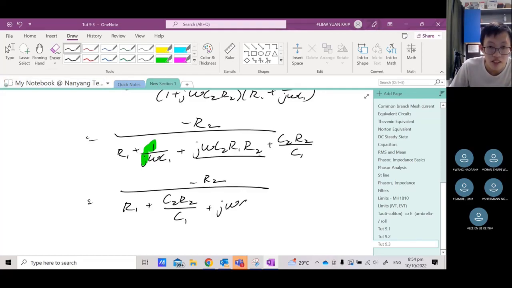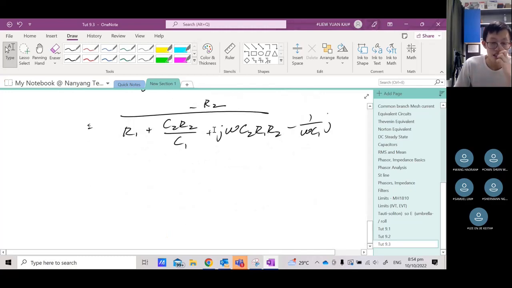So it's j omega C2 R1 R2. And then this one can turn into negative j. So it becomes negative 1 over omega C1 j. I'm going to say that again. I notice the 1 over j, I will turn it to negative j, like that.